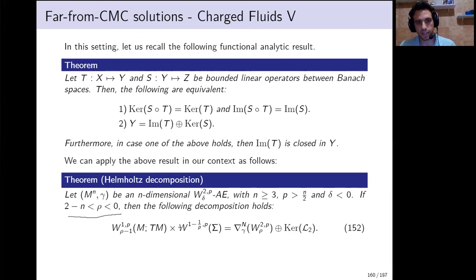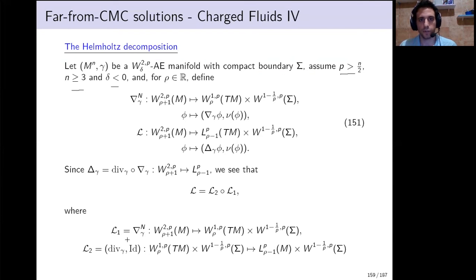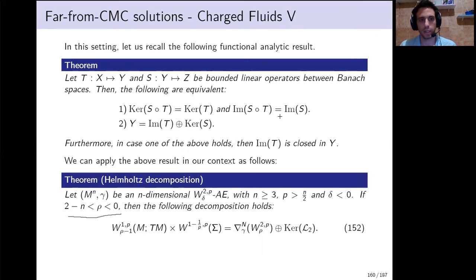Well, in this setting, the idea is that we have this decomposition here. So this intermediary space where our operators act, this space is split between the range of the gradient and the kernel of the divergence.